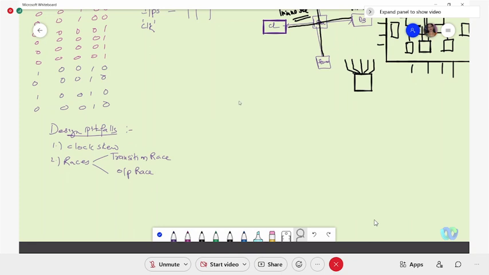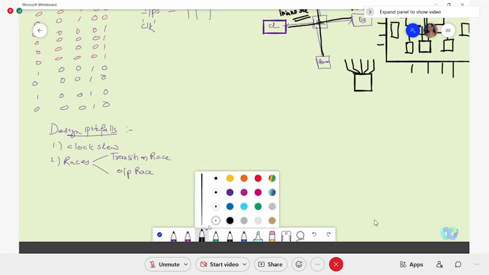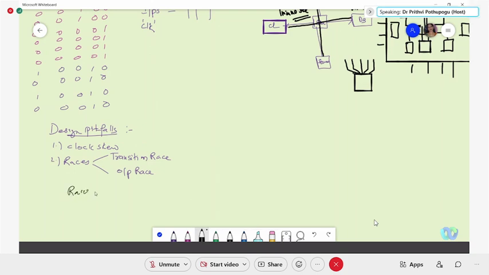For this, let us consider one ASM. Actually, the race concept, I think we were introduced with races and cycles.